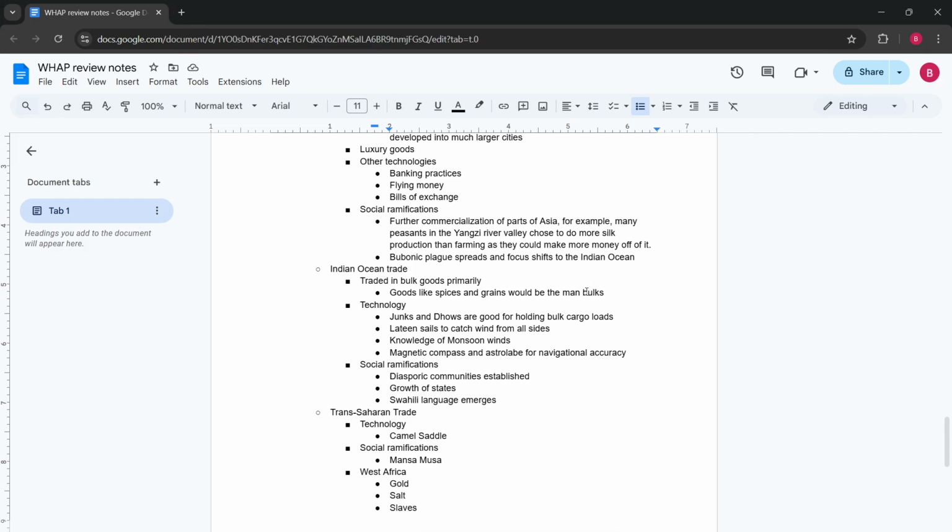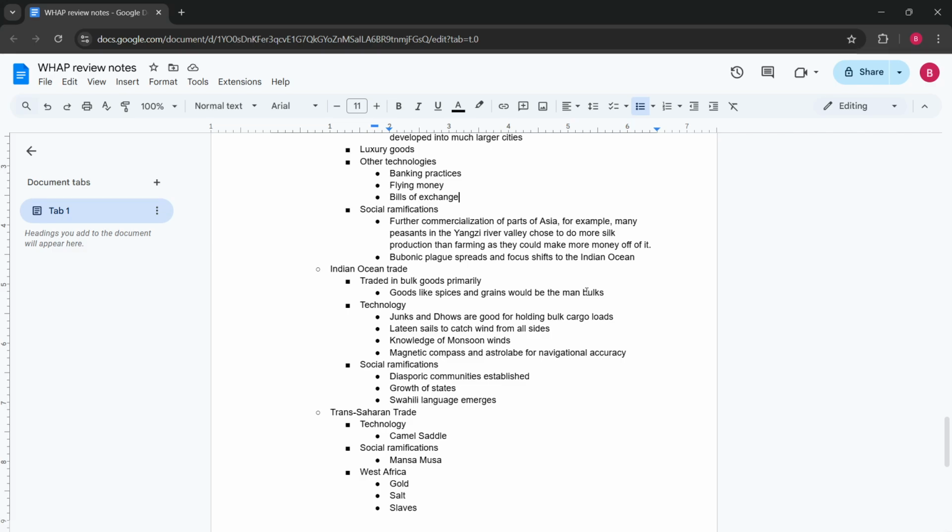The Indian Ocean trade traded primarily in bulk goods because they could hold a lot more on their boats and transport it further distances in large quantities, which gave them small margins of income, but they got lots of those small margins, which eventually led to larger income. The main technologies, junks and dhows, were good for holding all of that bulk cargo.